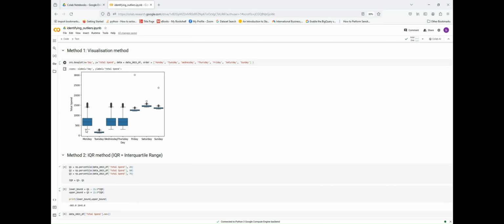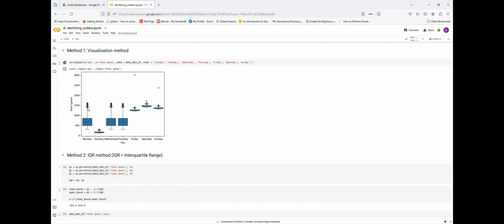This lower whisker we see is Q1 minus 1.5 times this interquartile range. This upper whisker we see over here is Q3 plus 1.5 times the interquartile range.